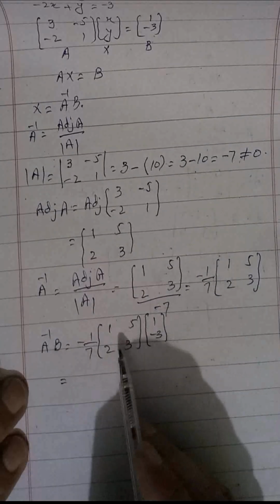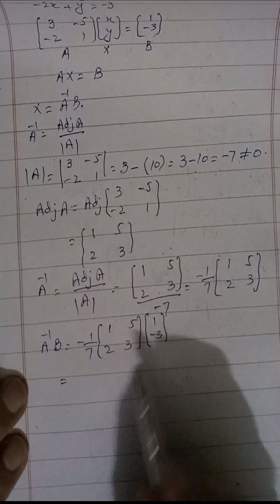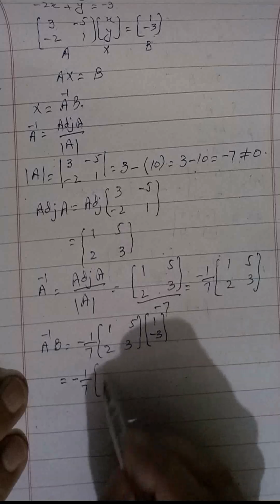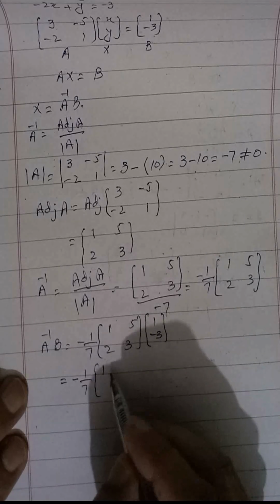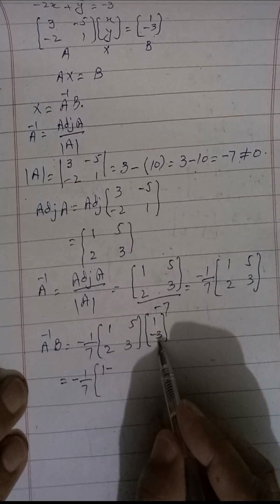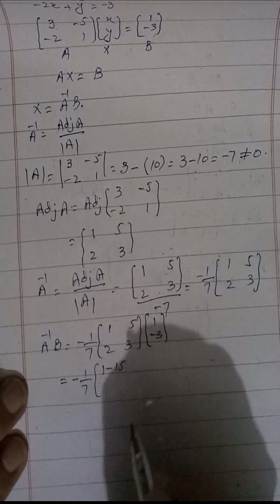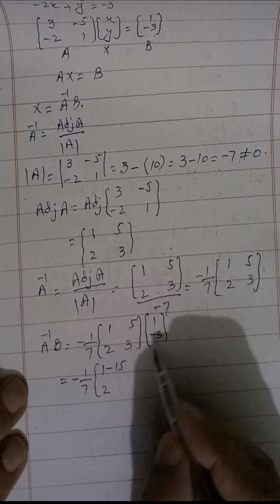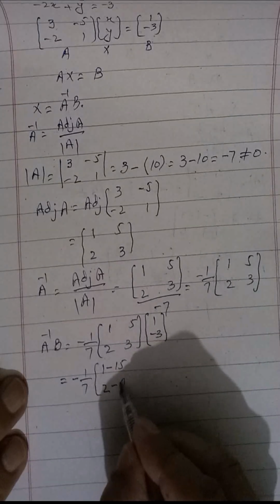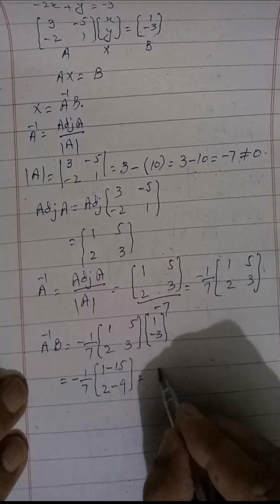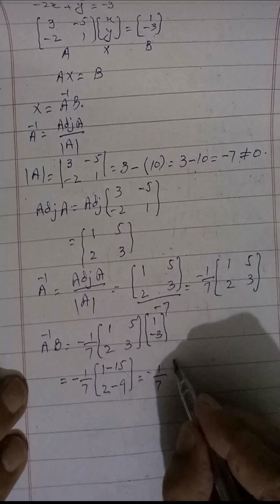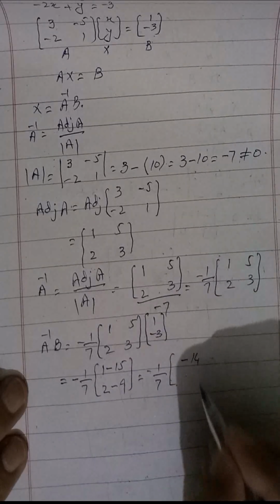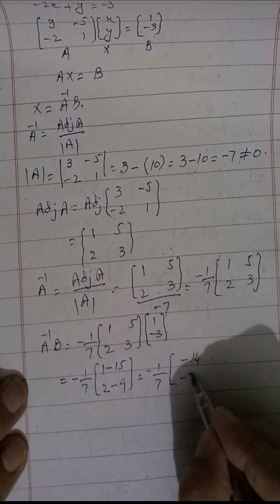First we multiply this matrix with this matrix, we get -1 over 7 times 1 multiplied by 1 is equal to 1, minus 5 times 3 is 15, so -15. And the second row is 2 multiplied by 1 is equal to 2, 3 multiplied by -3 is equal to -9. Now simplify it: -1 over 7 times 1 minus 15 is equal to -14, and 2 minus 9 is equal to -7.